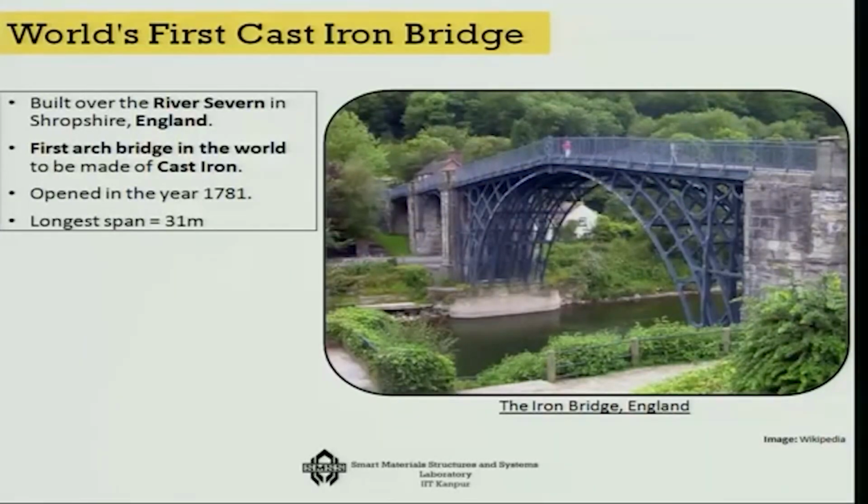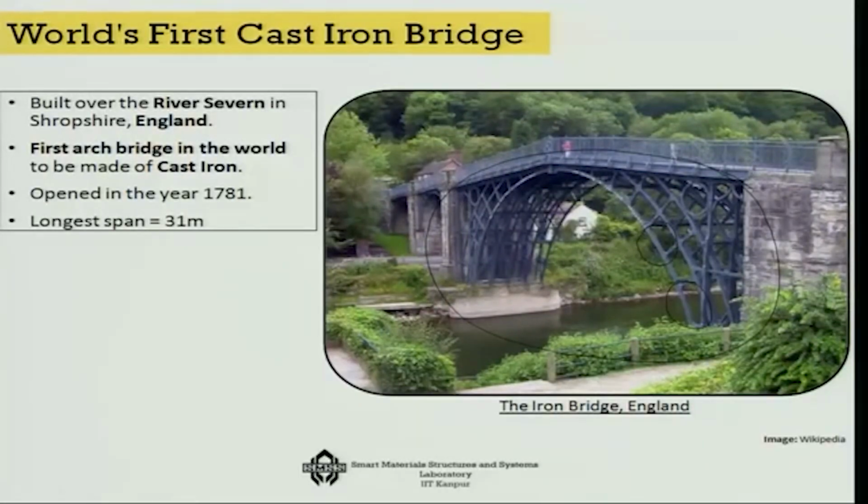Now, this arch bridge configuration is very interesting. If you look at this arch part of the bridge, it is developed in such a manner that there will be only compressive load in each of the members of the arches.